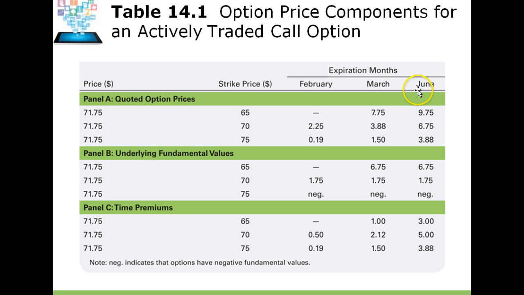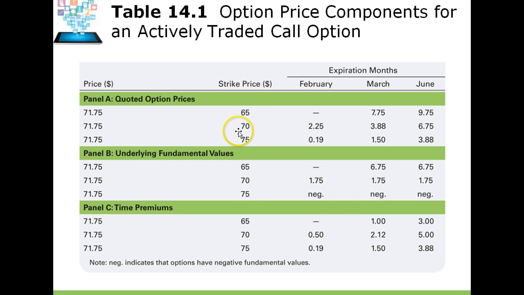If we go out to June, we still have the same intrinsic or fundamental value, because $71.75 minus 65 is still the same amount, but we have a bigger time premium. So the total premium is $9.75, but the time premium is increased because it goes out to June.